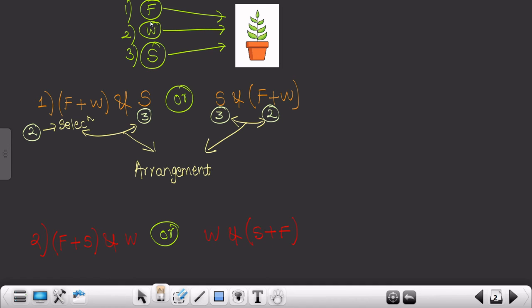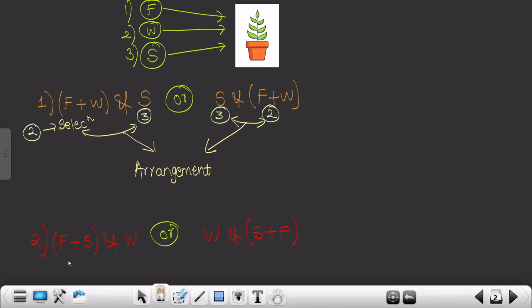You are selecting all three, and in that case you do not need to arrange anything. So when you are doing experiments in science, if you don't know how your system is going to respond to any or all of the parameters, you do lots of permutation and combination, as we have done over here. We selected two, then we are arranging these two parameters with the third one. I hope you are getting my point.